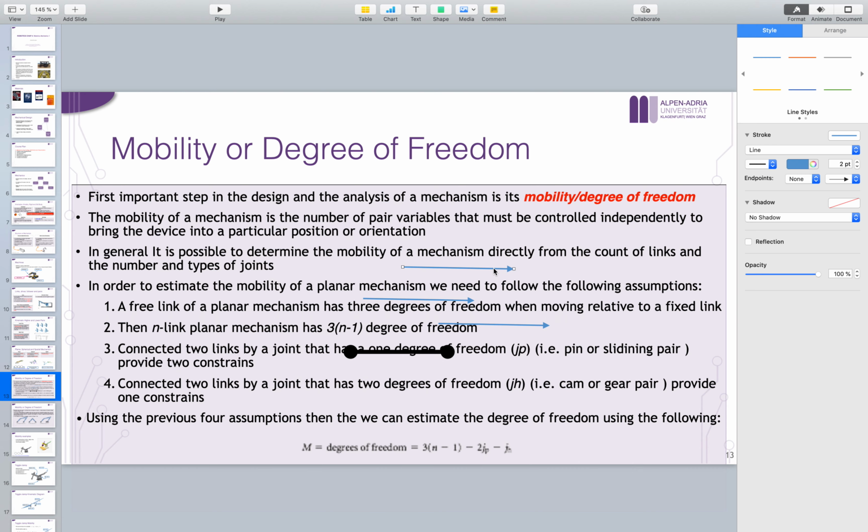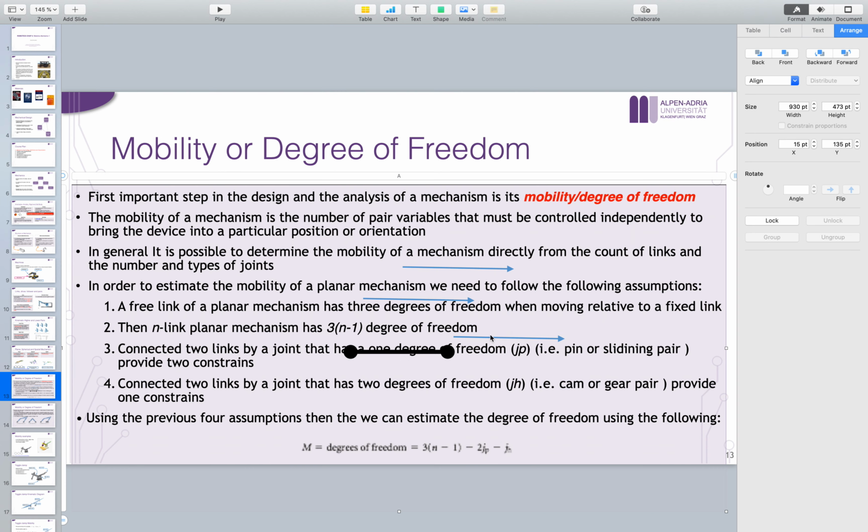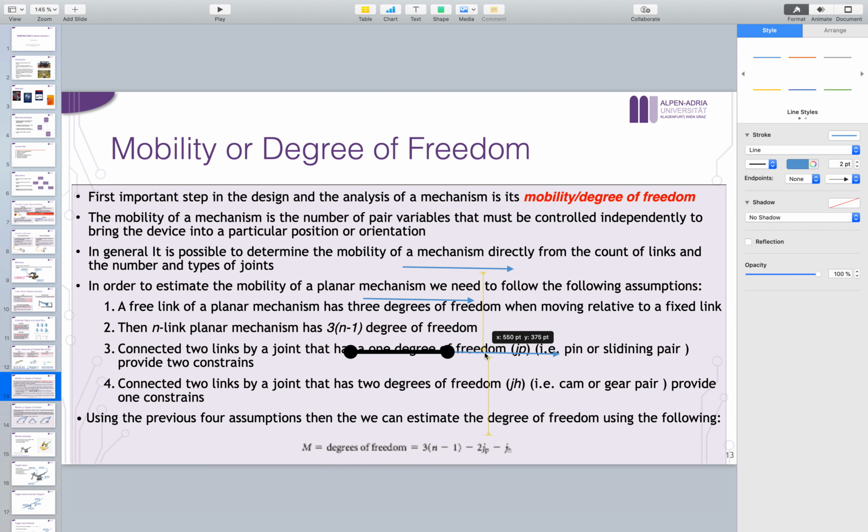Now these are not free links, this is a mechanism, and here comes the second and third part of the formula, where we start to reduce the mobility. Because if I now say let's connect this link here, so we have the first joint.